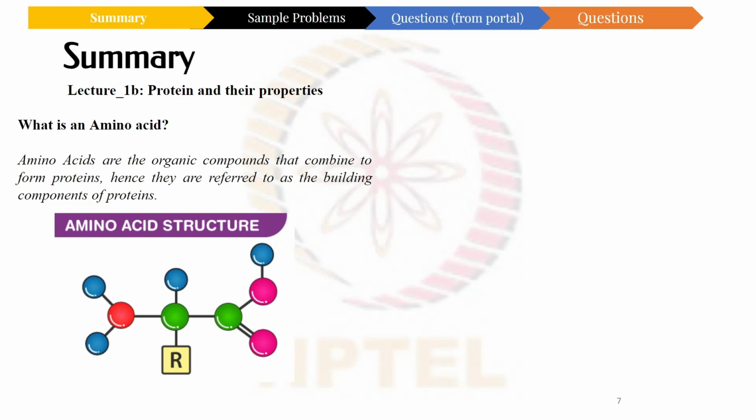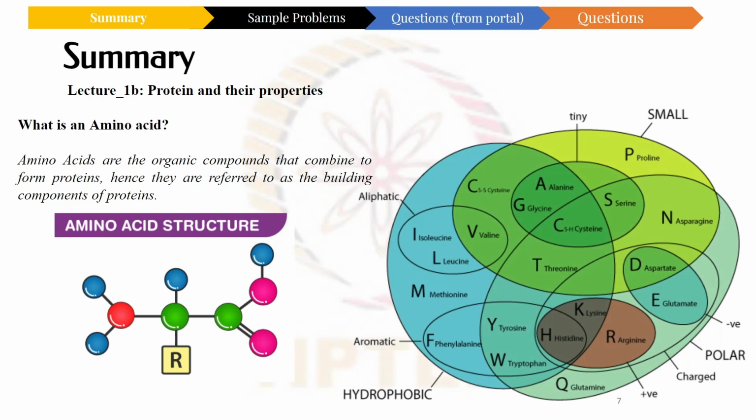Now that we know the side chain R group decides the different types of amino acids, let's look into the classification of different amino acids. We have properties such as charge, hydrophilicity, hydrophobicity, size, and functional group, which influence the classification.